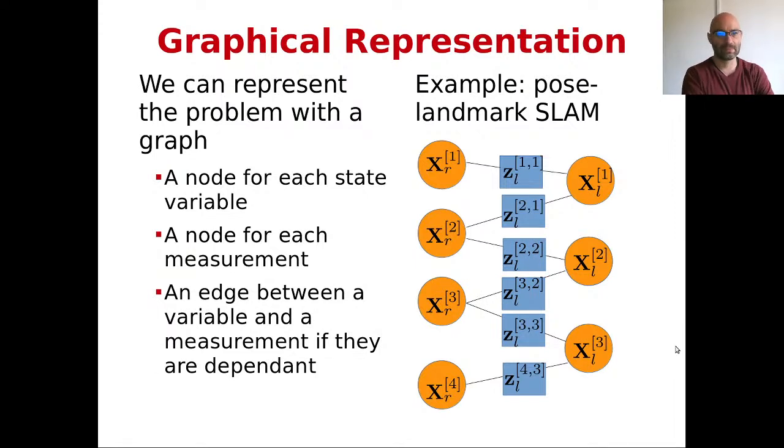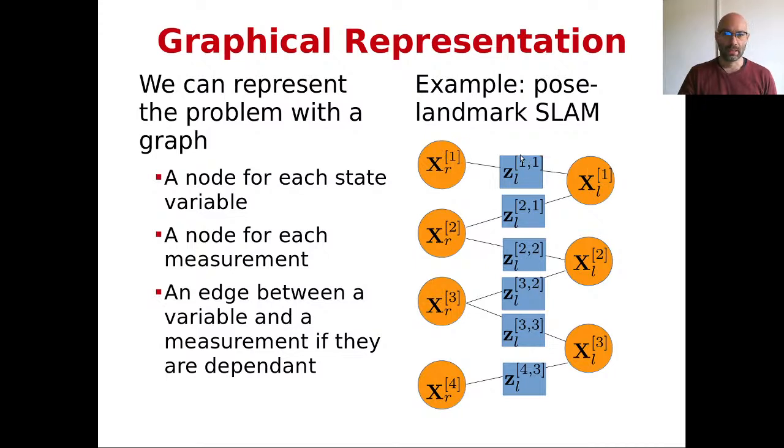And we can do this by, if we do so, we will have a factor graph where each node will correspond either to a variable or to a measurement. The variables are components of the state, clearly, and the measurements are connecting the variables from which they depend.